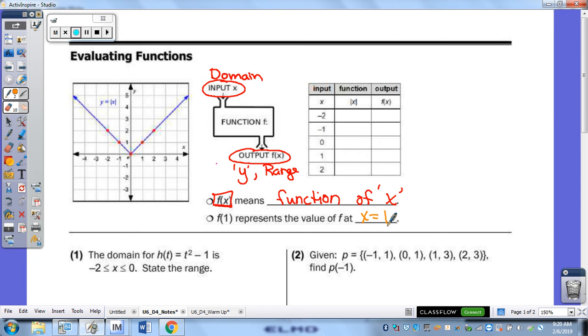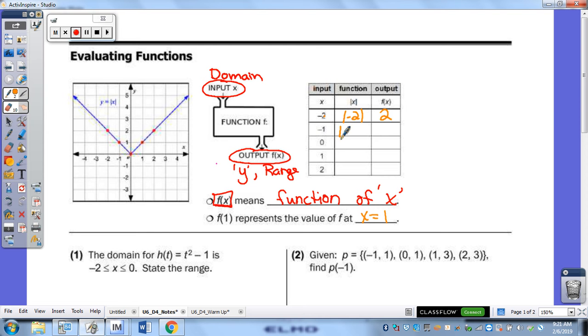So the way our functions work, we start with our x values and plug them in for x in the equation. If I'm looking at the absolute value of x, first I'd plug in -2, because that's my first input value. What's the absolute value of -2? 2. The absolute value just makes that value turn positive.